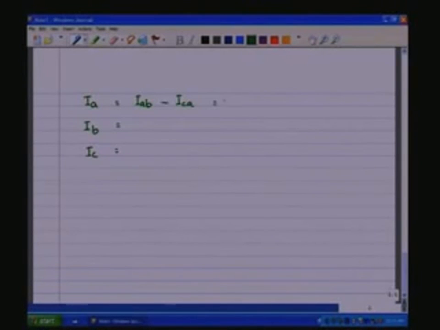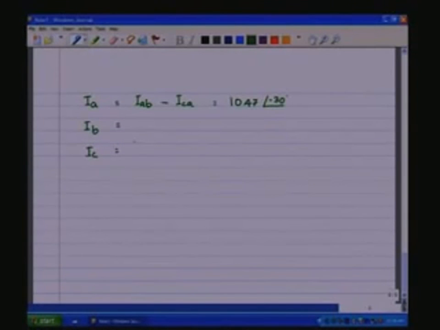So, this comes to around, let us say, 1047 at a reference angle of, let us say, minus 30 degrees.